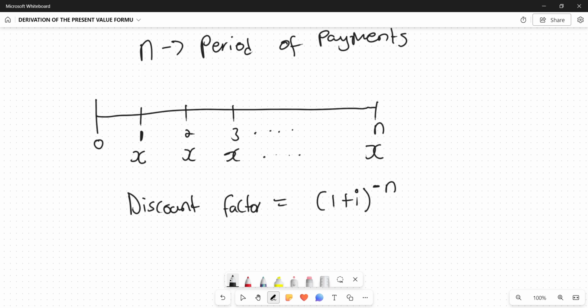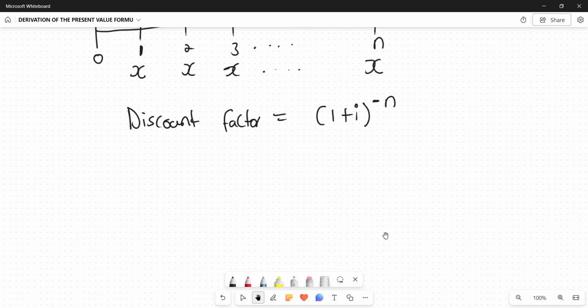Breaking down this series of x payments, we have a present value calculated as follows.